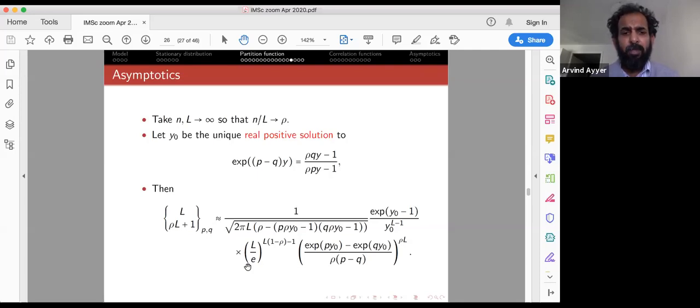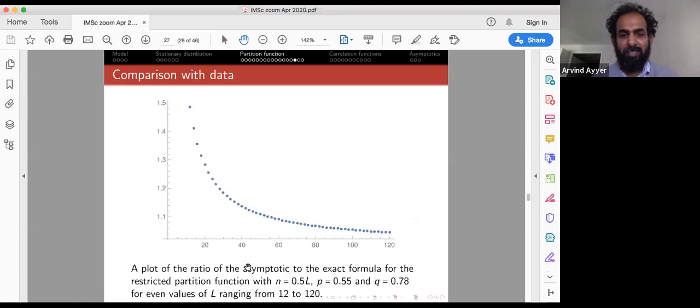So to be perfectly honest, I didn't write this as a theorem because I have not proved this at the level of rigor that is required. I've not done all my epsilon deltas, but I have verified it extensively.